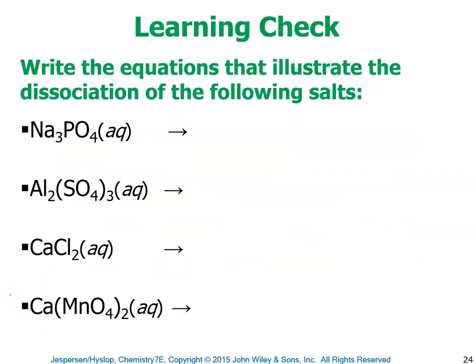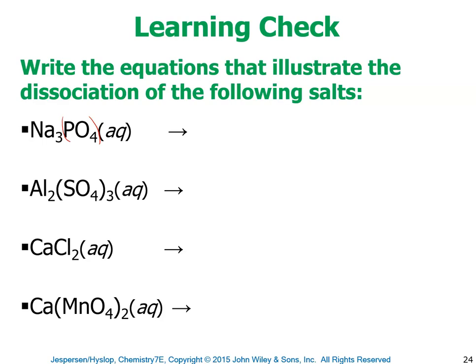So I'm going to come back to the learning check again, to write the equations that will illustrate the dissociation of the following salts. So it's the same concept. We're going to break those down. We use the crisscross rule. We need to identify polyatomics like this phosphate, and we're going to break those apart into those groups.